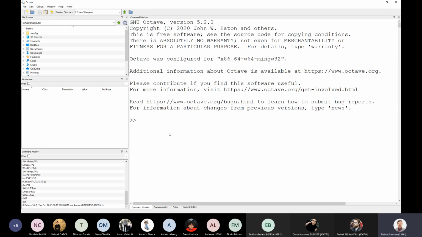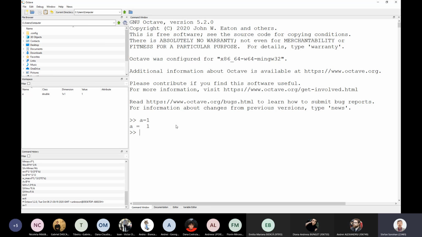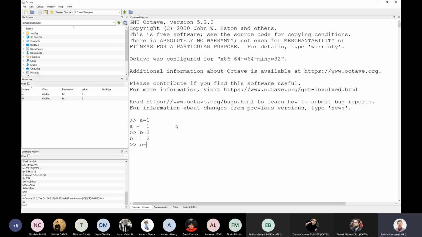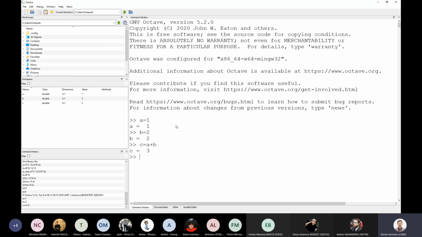So Octave or MATLAB is the same. The difference is that Octave is free. As you can see in Octave, we have a main or command window here where we can define some parameters. Let's say A is 1, B is 2, and we can obtain C equal A plus B. And we obtain the answer.